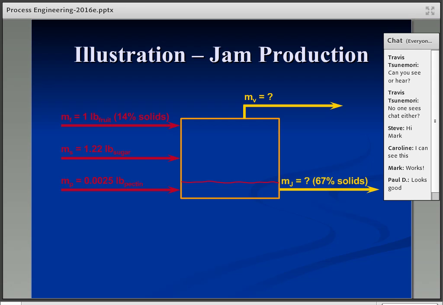And then the two outputs, there's a certain mass of water vapor coming off the top of the evaporator up there, and the jam coming out. It's going to be at 67% solids, but we don't know that mass. That's the question. What is the mass of jam coming out there?